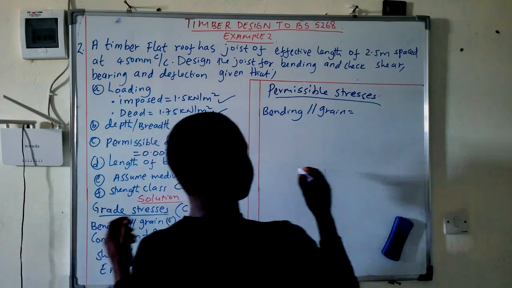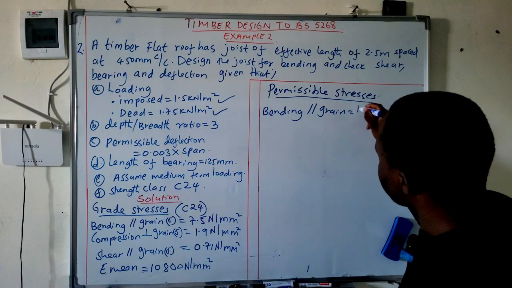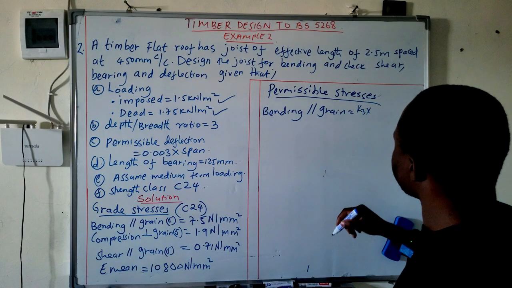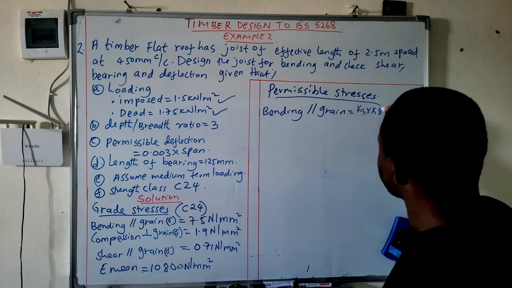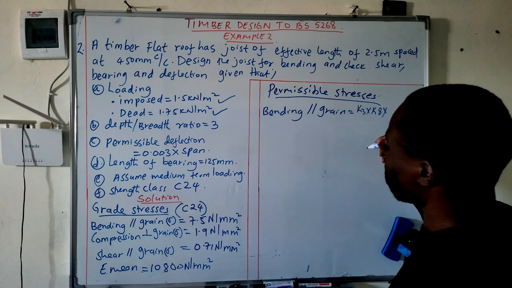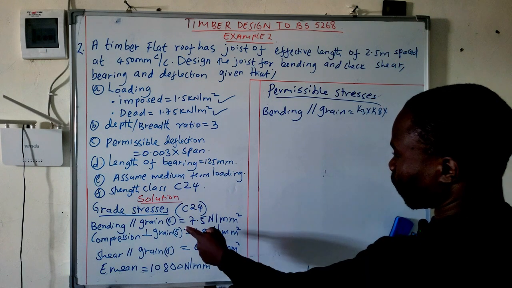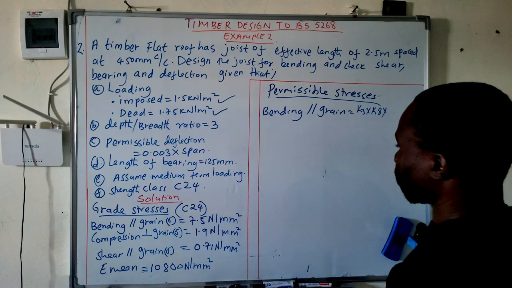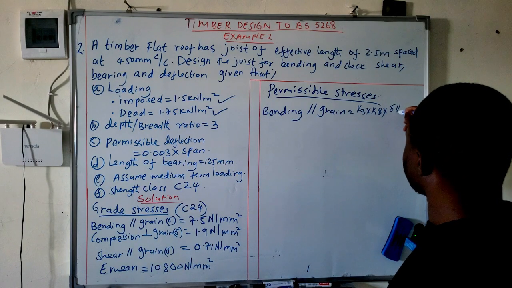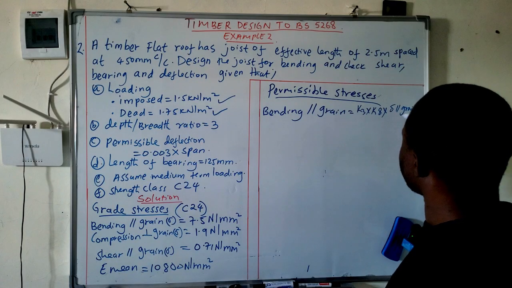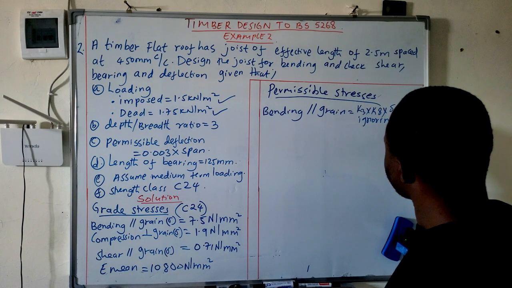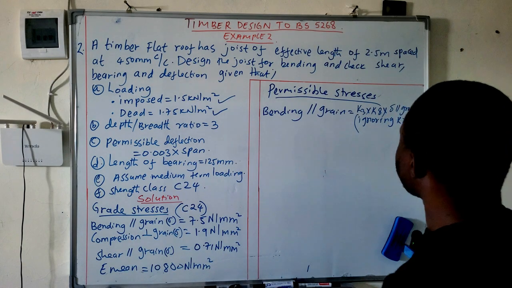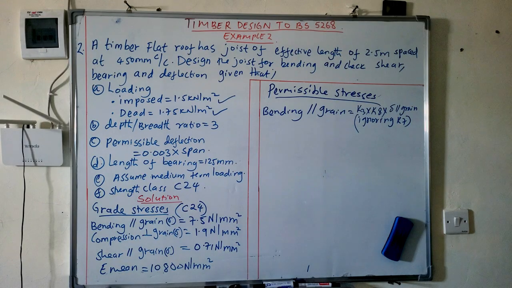So this one will be K3 times K8 times bending parallel to grain, ignoring K7 because you don't know the value for K7.